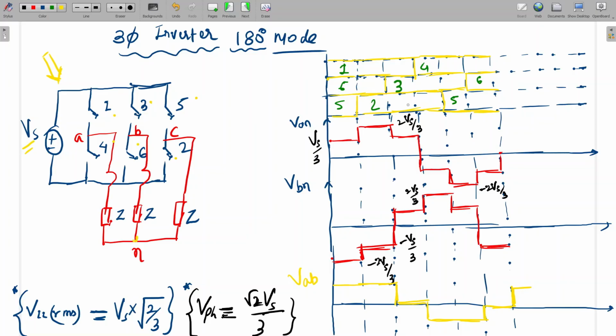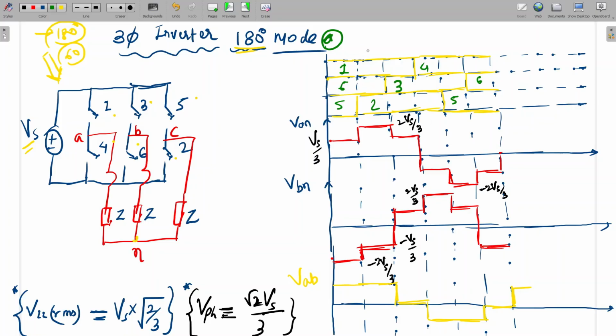How can we remember it? In the 180-degree mode, every switch will conduct continuously for 180 degrees, and after each 60 degrees another switch will conduct. I will explain how to remember the switching logic. Step 1, we draw 3 straight lines.